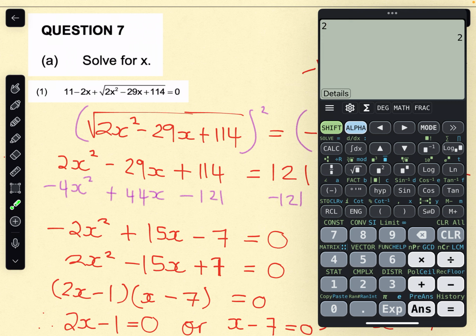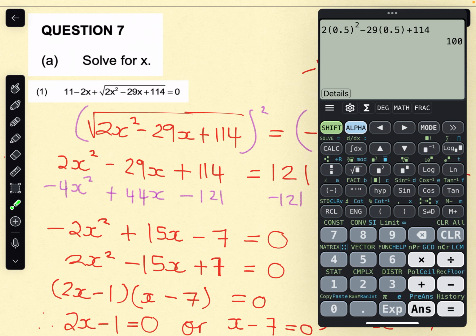So if we put in, I'm just going to type 0.5 squared minus 29 times 0.5 plus 114, right? What we see here is that it gives us 100, right? And the square root of 100 is positive 10. That's very important. It's not 10 or negative 10. A square root can only be 0 or a positive number.